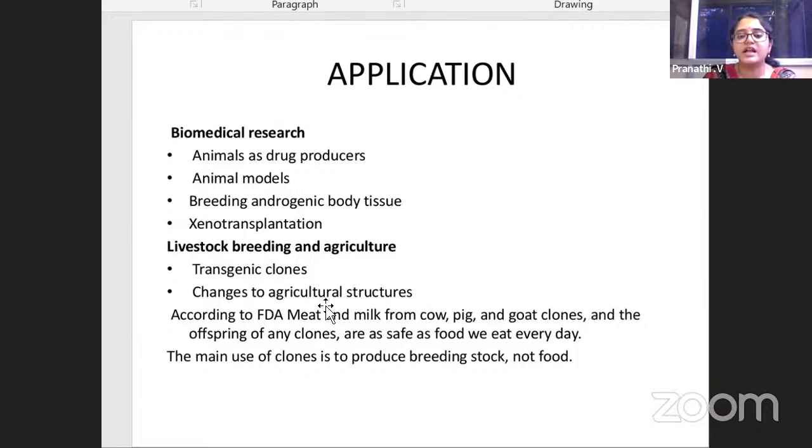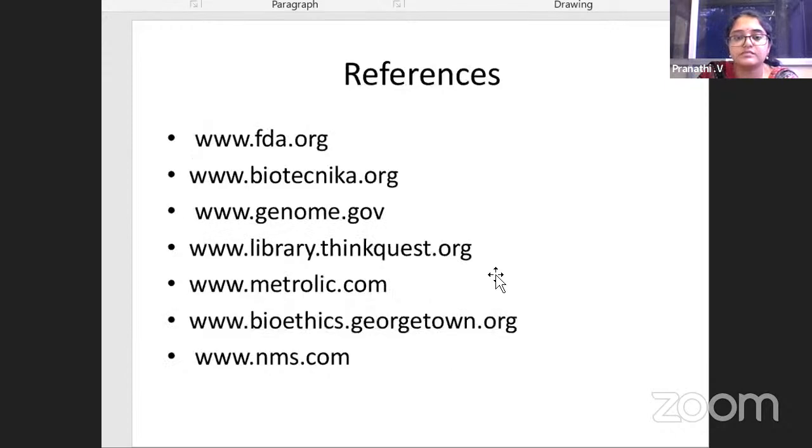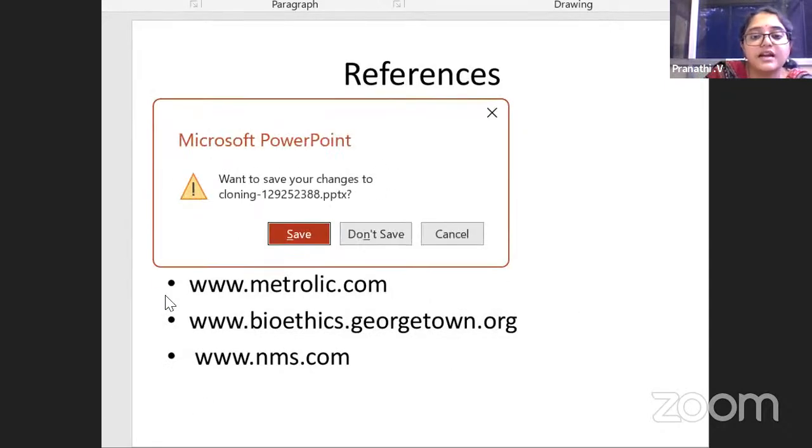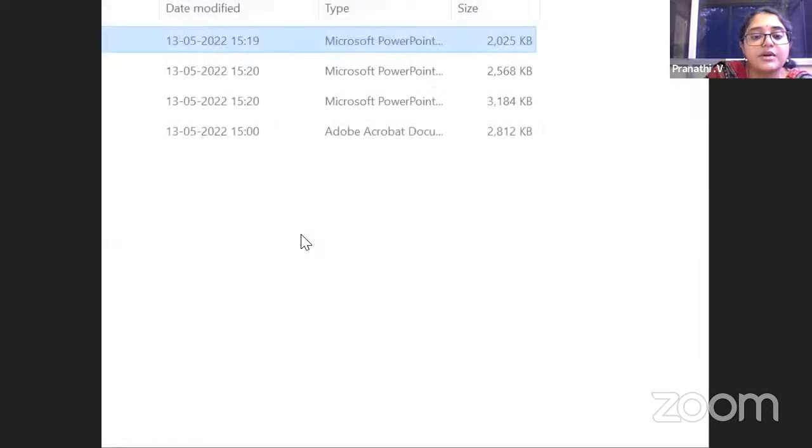In livestock breeding and agriculture also you can produce. The meat and the milk from cow, pig, and goat have been declared as safe. So this is all for the references part.